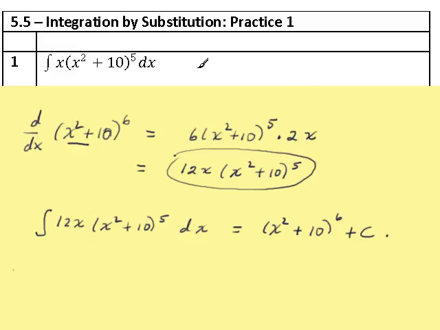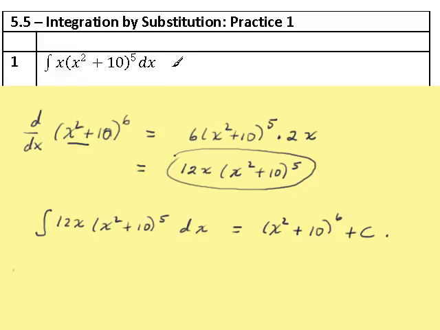What we're going to do is a technique called u substitution in order to rewrite this integral in terms of another variable, variable u, and that will turn this into a simple power rule integration.